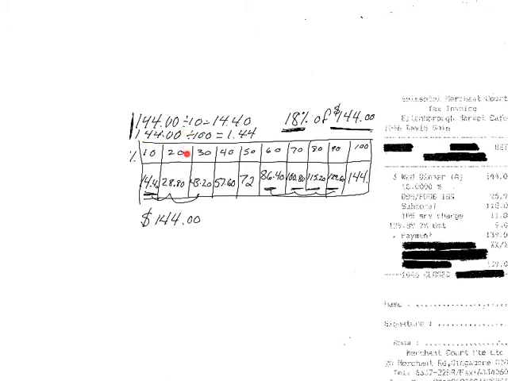And to get 1% of $144, I have to divide by 100. And that means that $1.44 is 1% of this amount. Okay, we're going to need this information here now to work out the rest of our question.